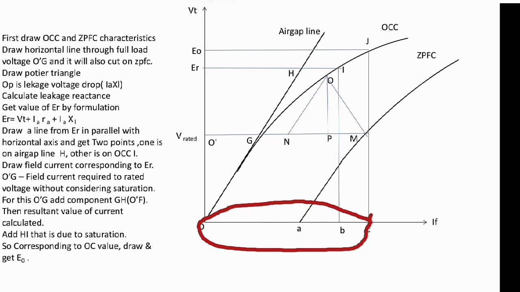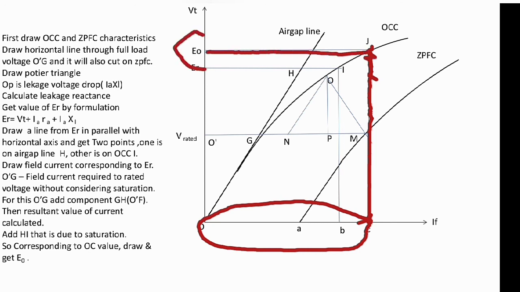Through this we draw the field current, and then from point C we draw a line parallel to the y-axis, and this line cuts the OCC at point J. Through J we draw a horizontal line with respect to x, and we get the value of E naught.